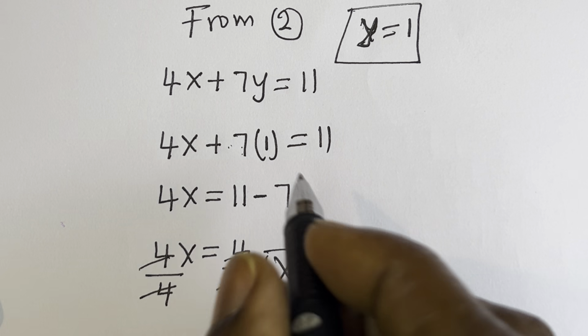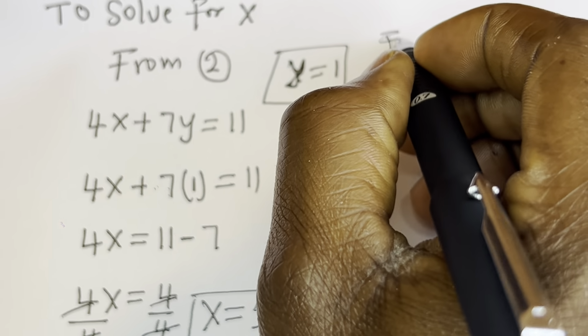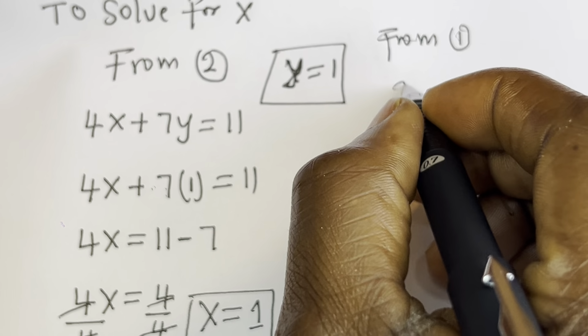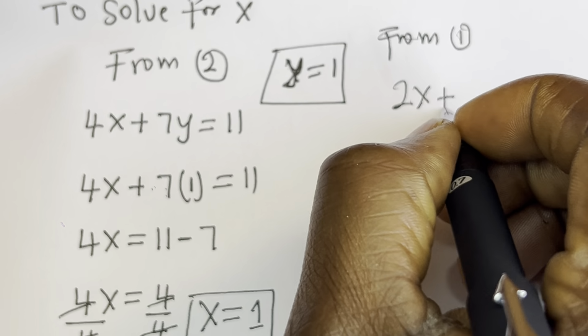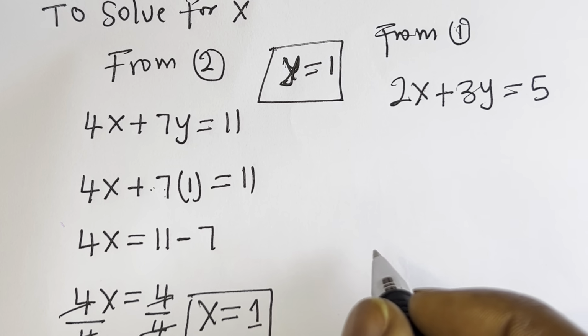Also, if you make use of equation 1, from equation 1, 2x plus 3y is equal to 5.